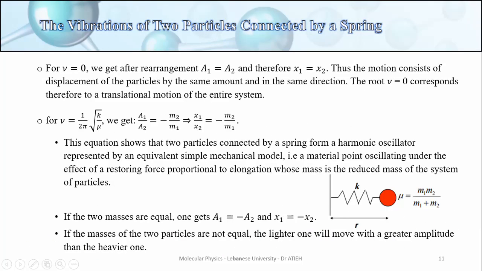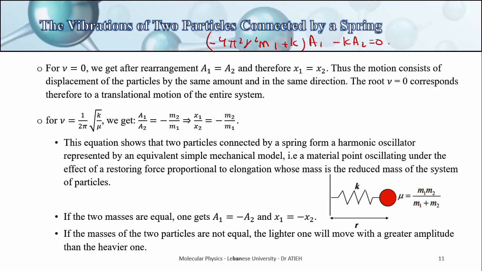To understand the meaning of these two frequencies, let's insert their values in the equations of A1 and A2 and see the relation between A1 and A2. For nu equals 0, I'll use the first equation. You can use any one of them. So we have minus 4 pi squared nu squared m1 plus k, this is multiplied by a1, minus k a2 equals 0.